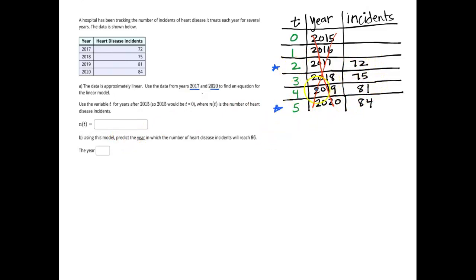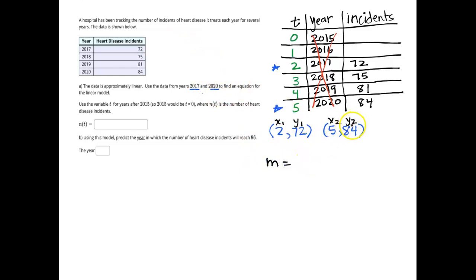So basically, those are giving me the 2 points, 2, 72 and 5, 84. All right, and so I can call this my x1, y1, and my x2, y2. And then I just need to solve for my slope. So to find my slope, I'm going to use the slope formula.